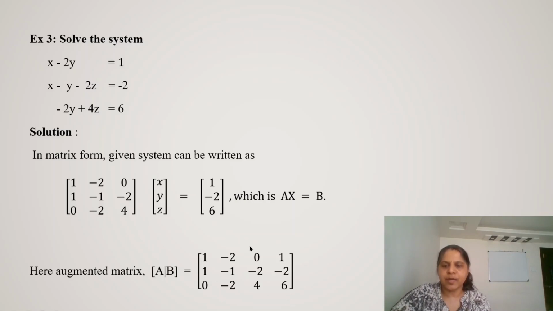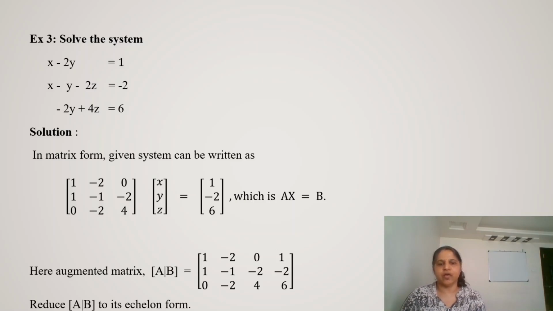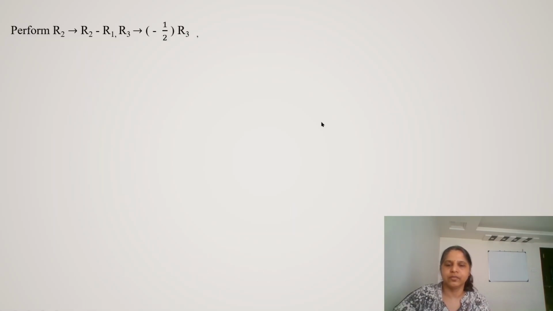To solve the system, we shall reduce the augmented matrix to its row echelon form. So we shall perform row transformations so that we have 0 here, performing R2 minus R1 gives us this.